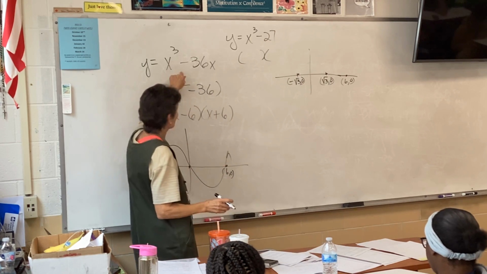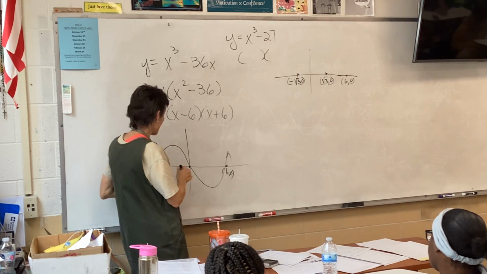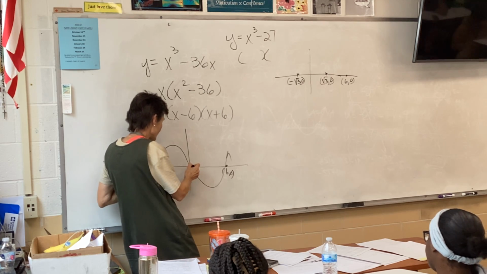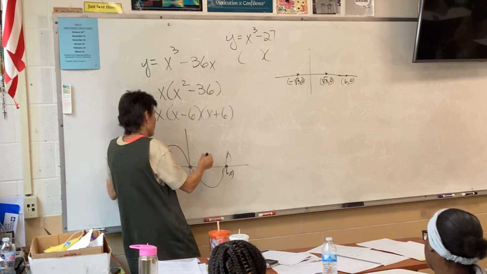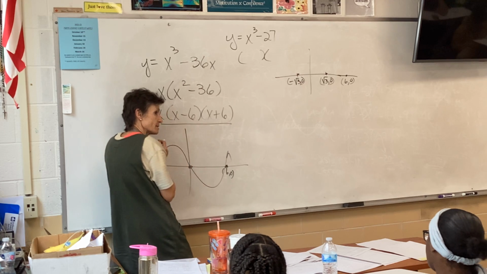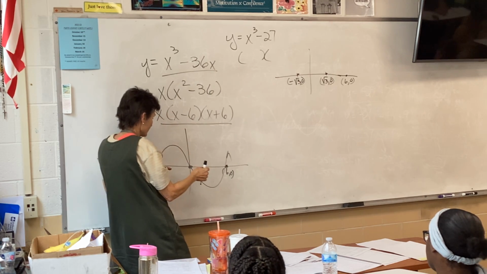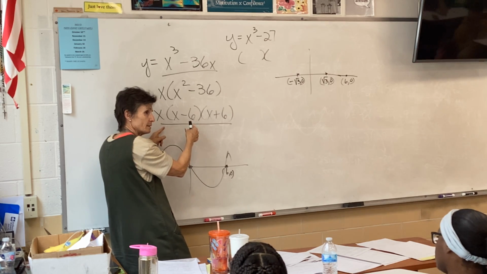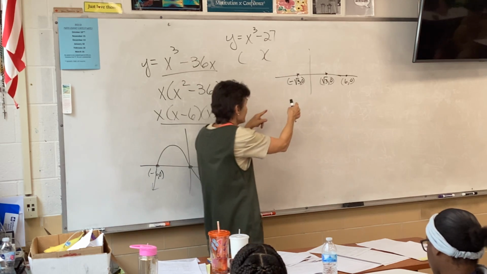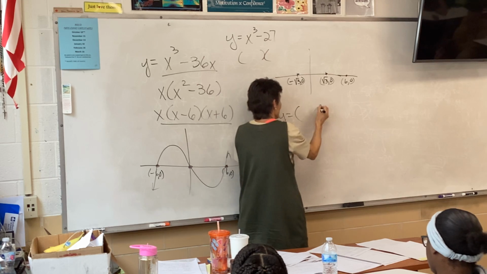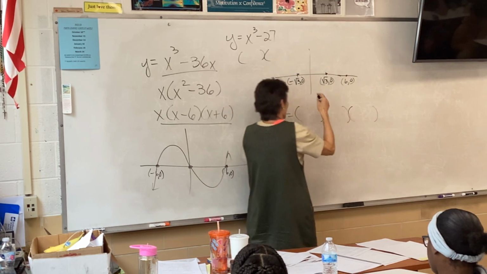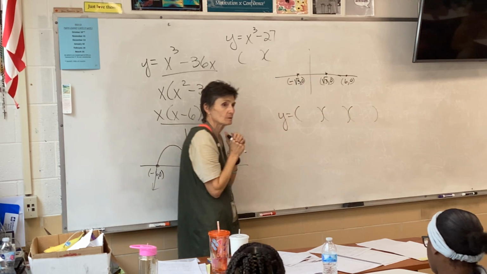Your job is to write the equation. So pretend you're starting with this, and you're working backwards to this, and then eventually to this. Well, can we get from here to here pretty easily? What would these factors have been for those two zeros?